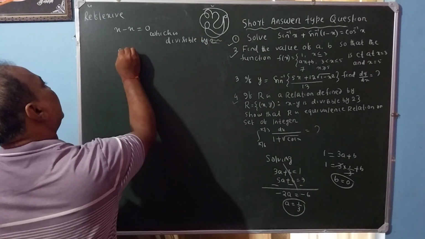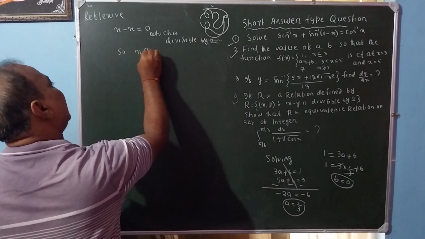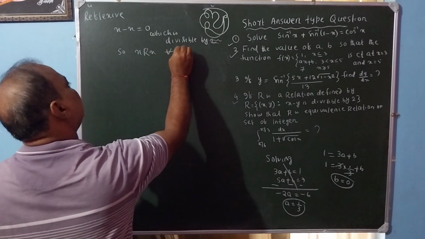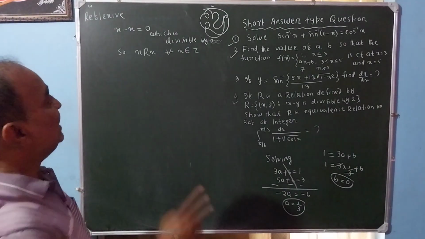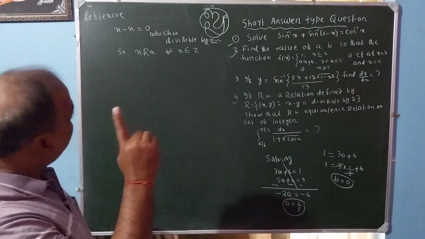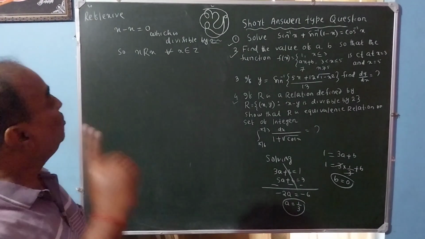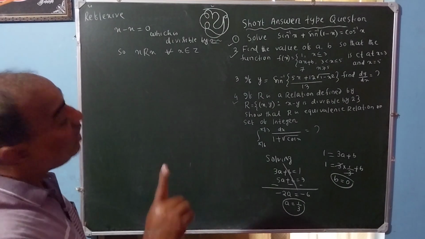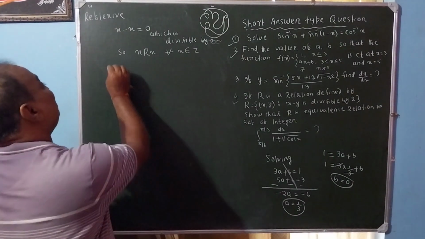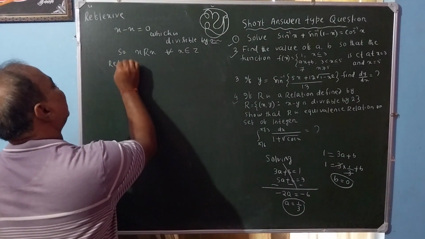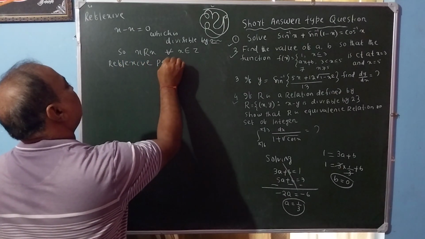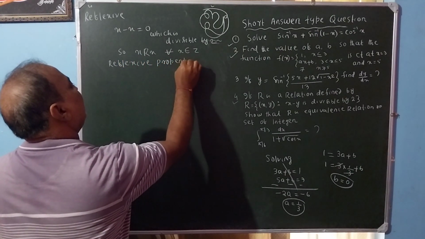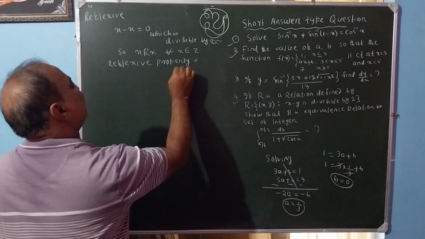So x is related to x for all x belongs to Z. It is true for all x belongs to Z. Hence the reflexive property is satisfied.